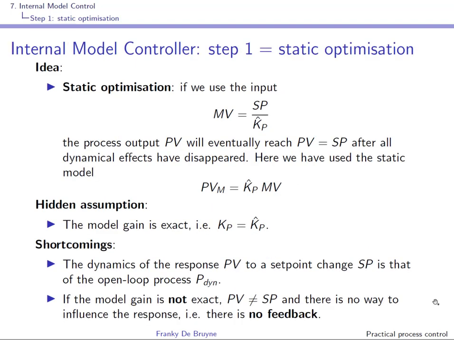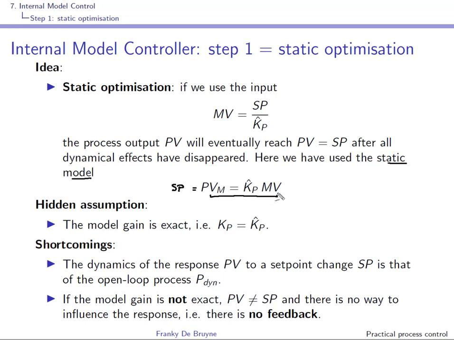Let us have a look at the main idea that is behind internal model control. This leads to step 1, static optimization. What we do is start from the static model that is given over here. In steady state, what we would like is that the output of the static model, and this is really the steady state, is equal to the set point.